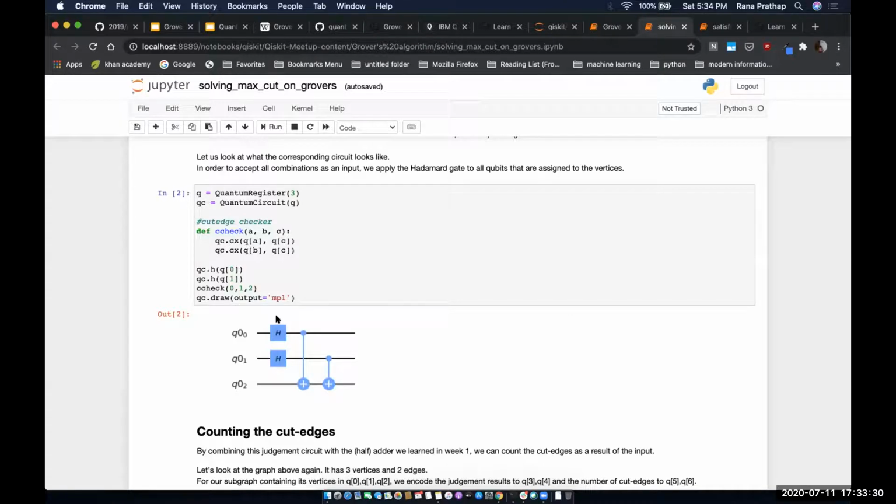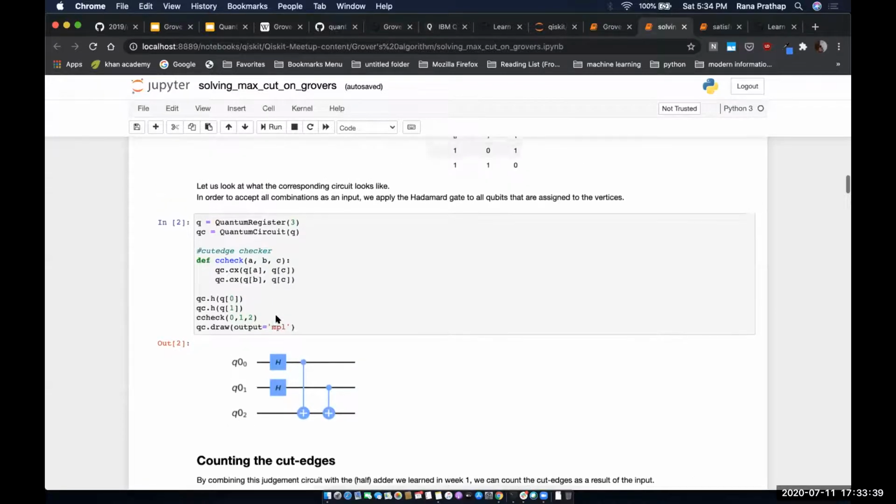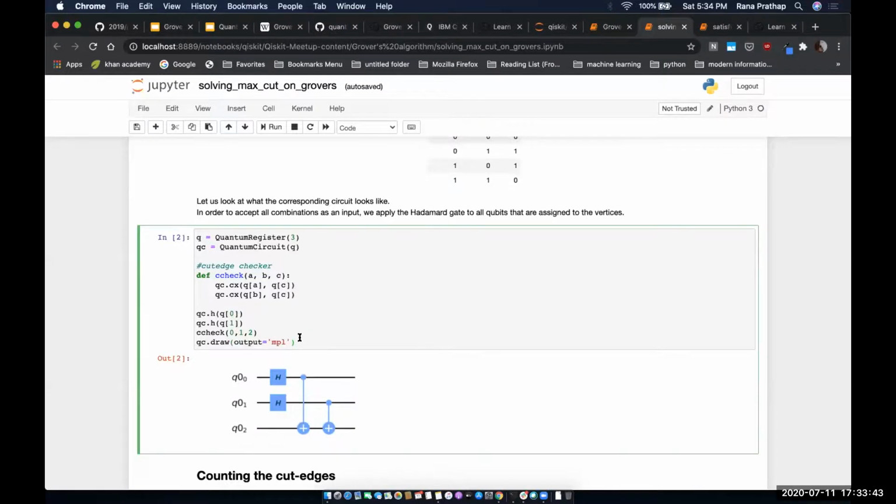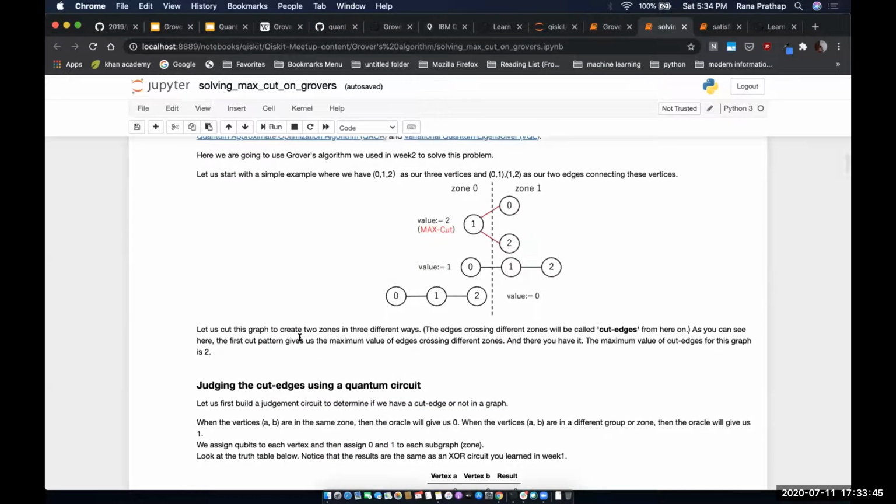So if you get an input as 1, 0, then you will get a 1 in the third qubit. This is nothing but the XOR operation that we saw earlier. You can look into how the circuit works over there. The reason why we're doing this is we are encoding our problem as follows: if a node is on the left side, then it has a 0 value.